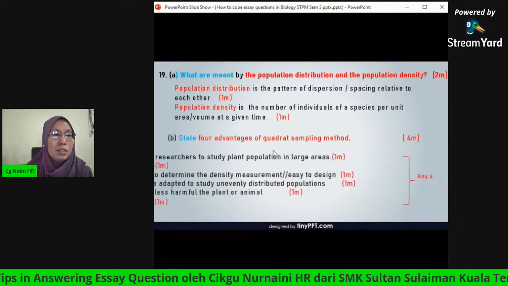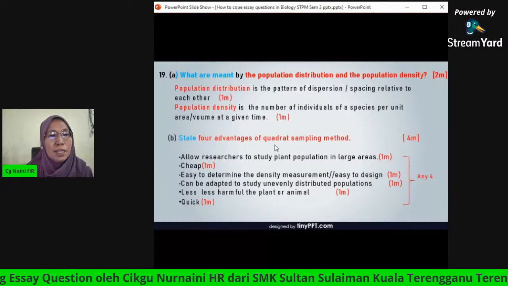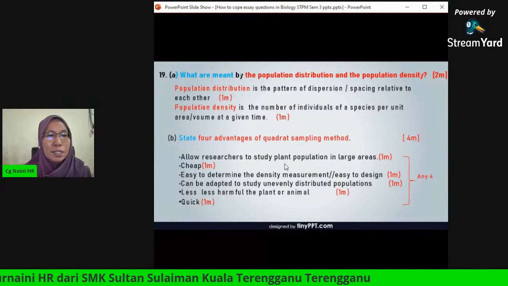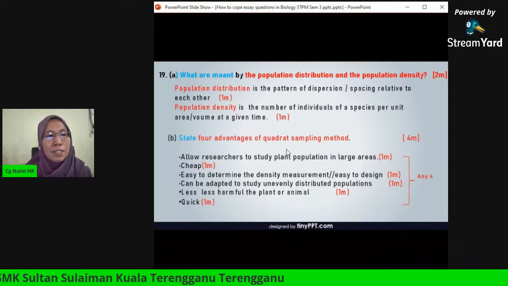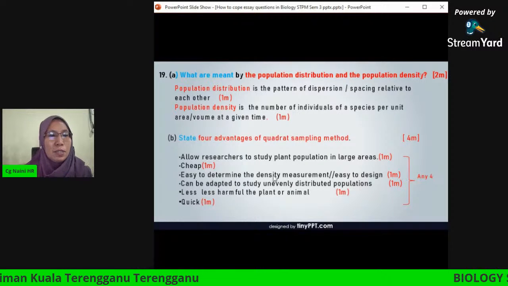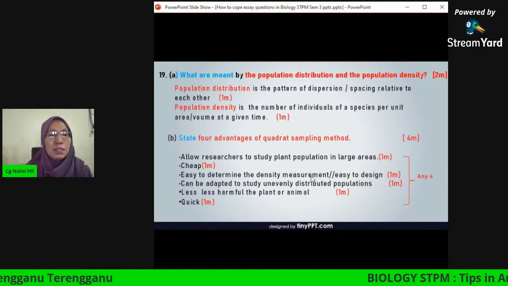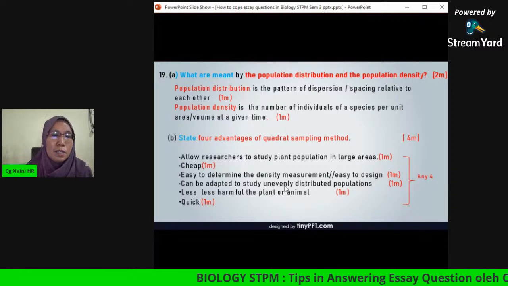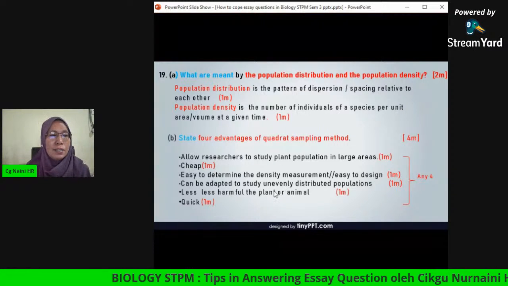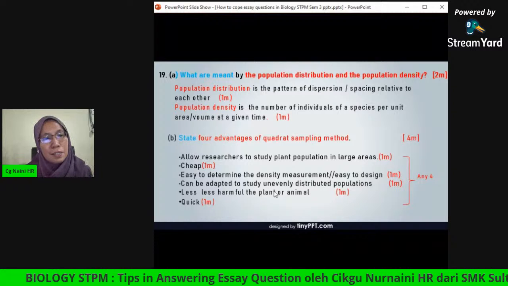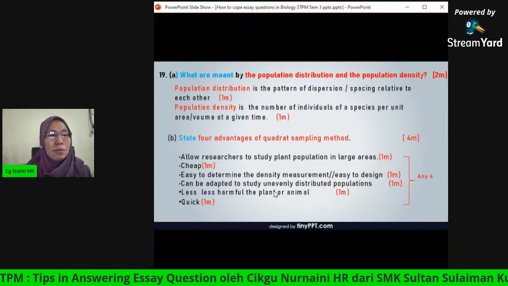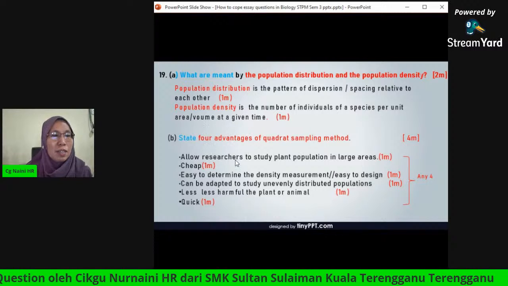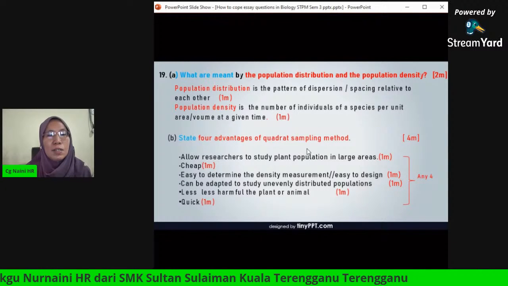The advantages of quadrat sampling method: allows researchers to study population areas, cheap, easy to determine the density measurement, easy to design, can be adapted to study uneven distribution population, less harmful for plant, quick. That is the advantages. There are more advantages, but you need only 4.